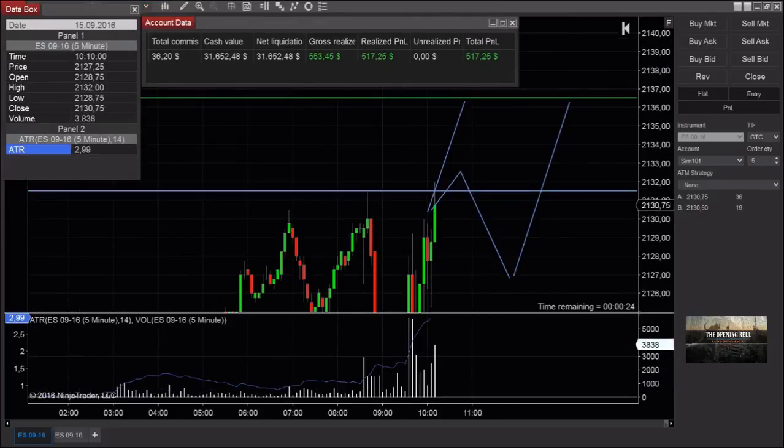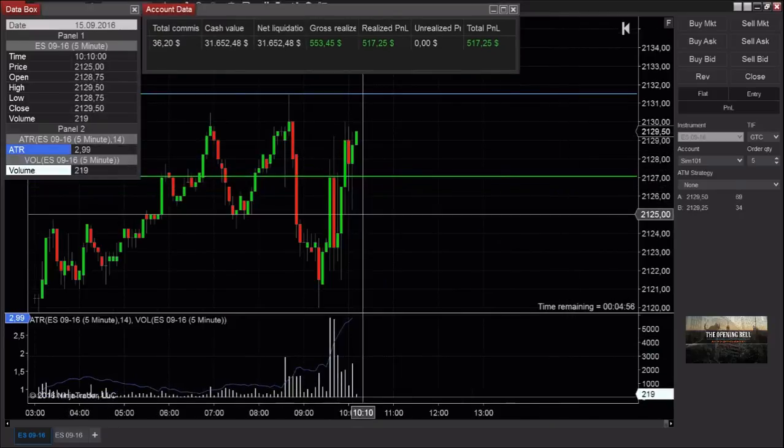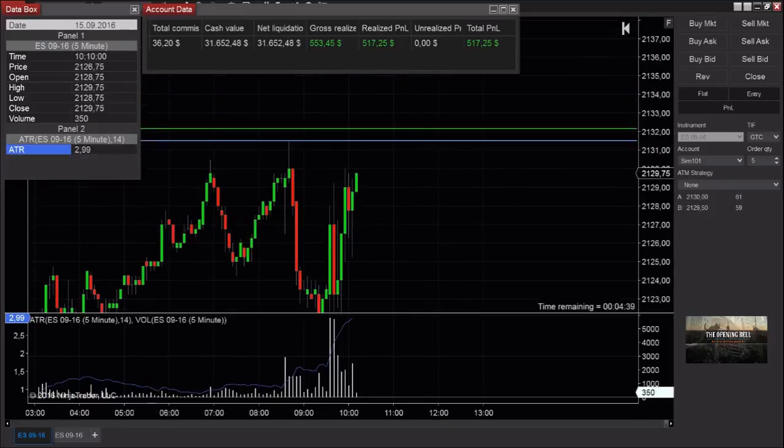But I want to show you one more last thing. This is the breakout level again, the high of the pre-opening range, 31.50.